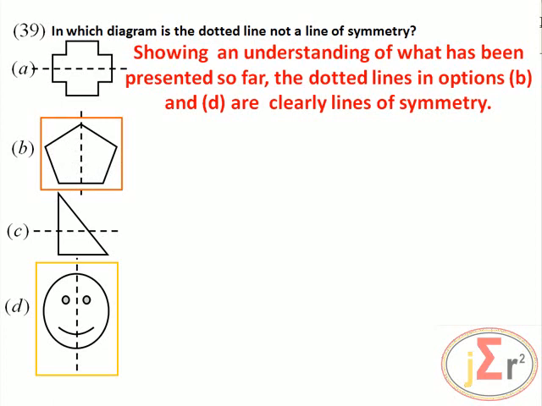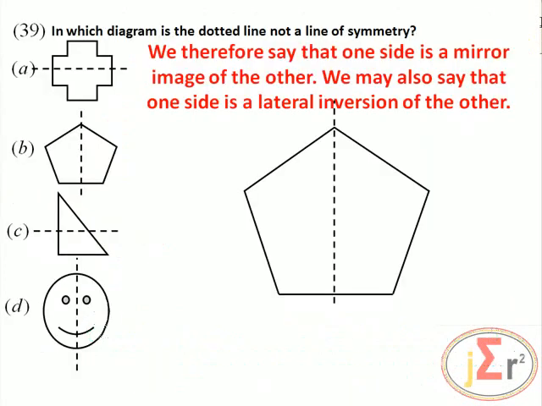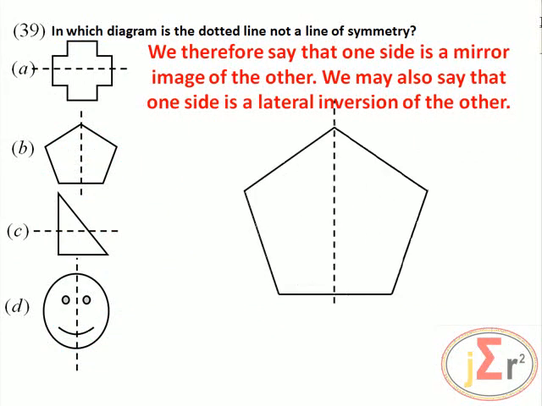Not only that, but on the previous slide, we actually carried out the process of reflection and showed that the other half is actually generated. So we are sure. Even before that, we showed that the object may be obtained by lateral inversion.